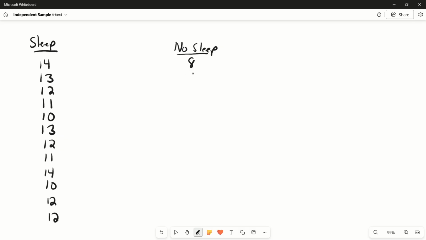Now, they don't have to have equal numbers in each group. They can, but there is no requirement that both these conditions have an equal number of subjects. So these are our two conditions, sleep and no sleep.